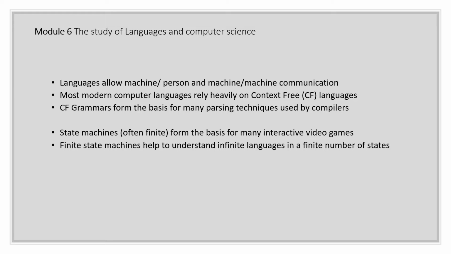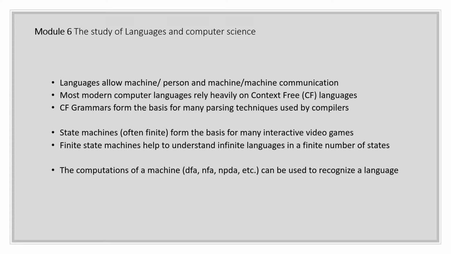We've been making DFAs and NFAs, which have a finite number of states, and some of the regular languages we've drawn or studied are infinite languages. If you use a finite number of states for infinite languages, you're going to have a cycle in your graph. Using these machines helps to recognize the different types of languages.